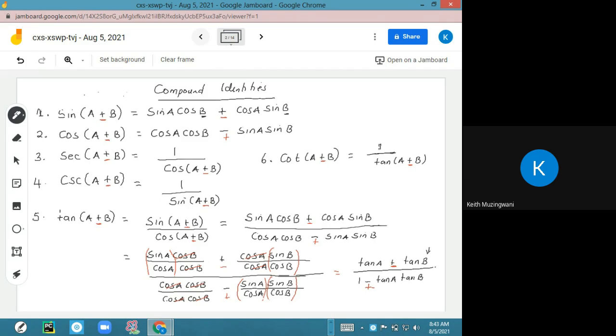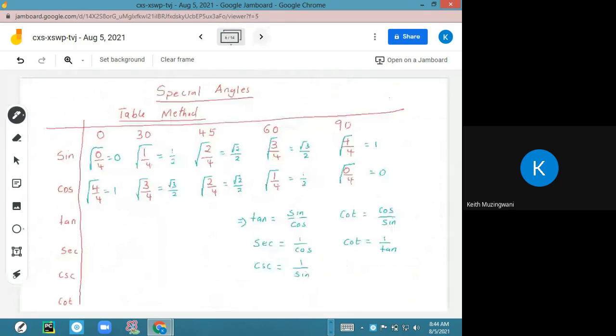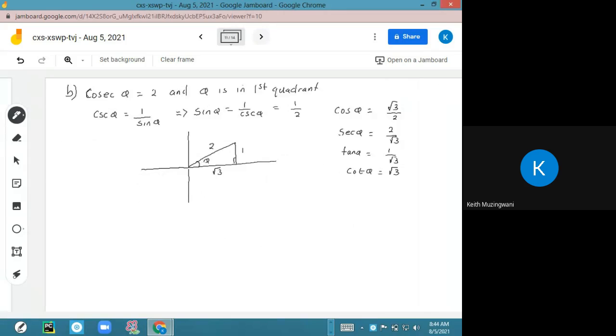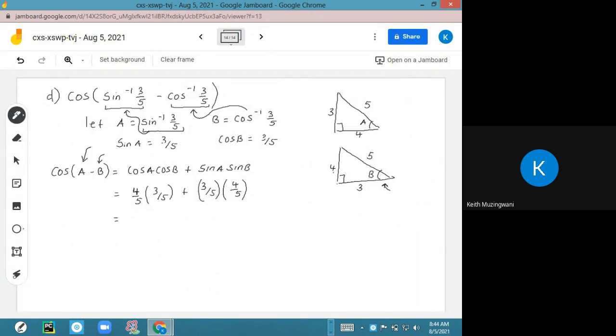So we have cos A minus B, so it will be cos A cos B plus sine A sine B. Now we go and see how we're using that compound identity. So you find it here. You say, okay, we have 12 over 25 plus 12 over 25, giving us 24 over 25. So this is our solution.